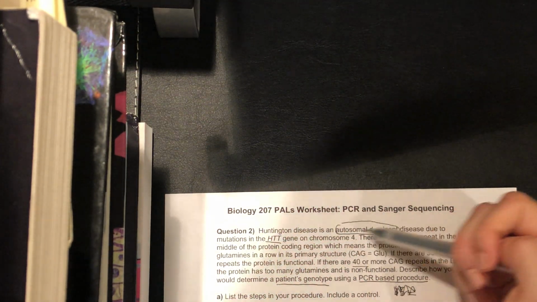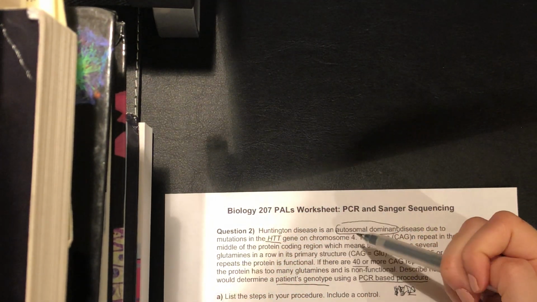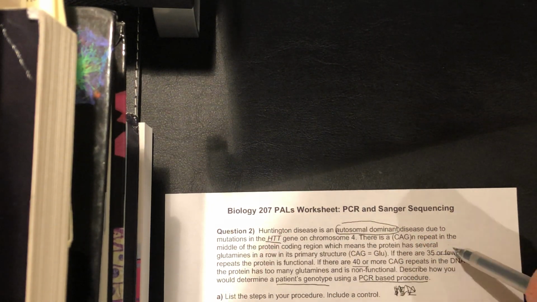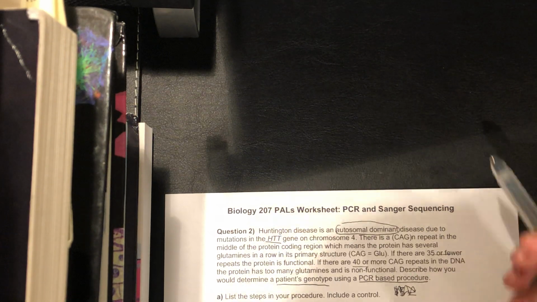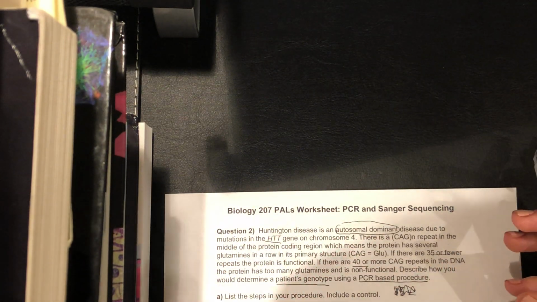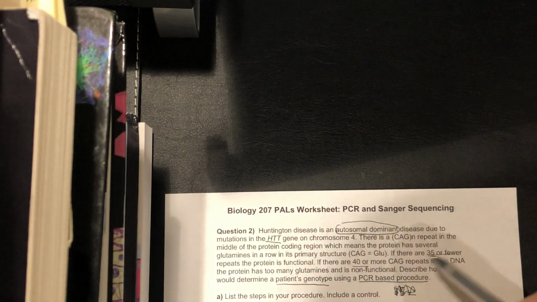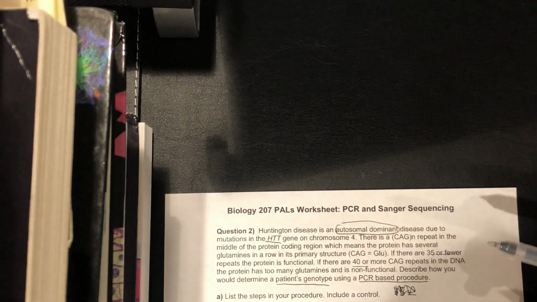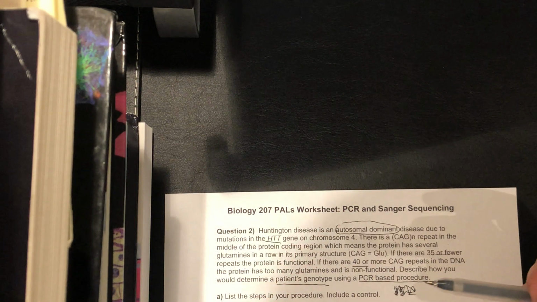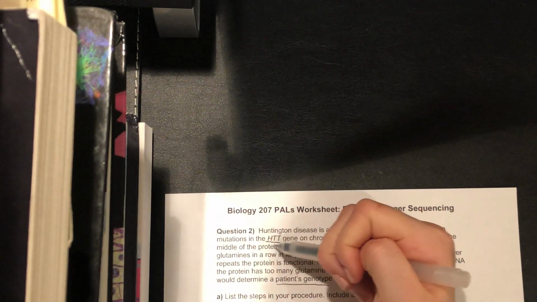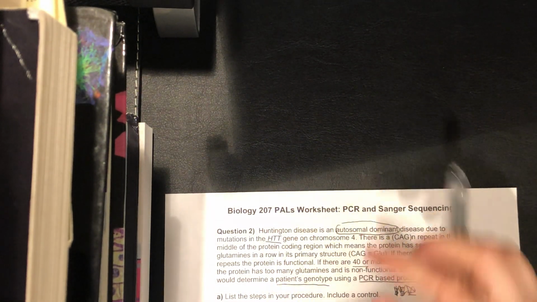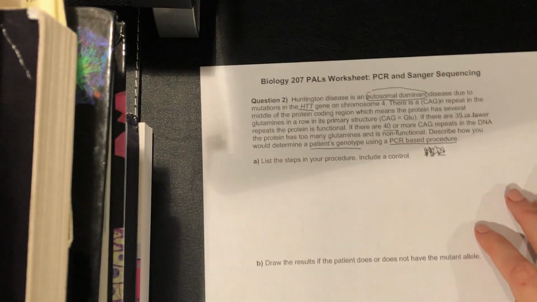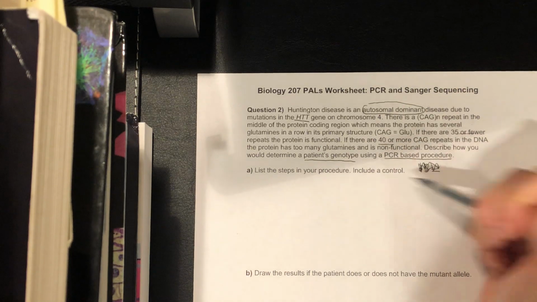Because if we were to take the entire chromosome 4 and run it on a gel, when you have such a large chromosome, differences of 5 or 7 codons are not going to really show up on your gel. But if you amplify specifically this HTT gene, then you're going to be able to see those observable differences. So that is the reason why we're using PCR.